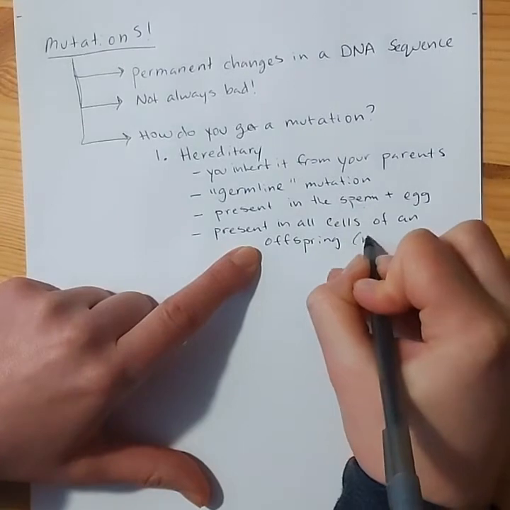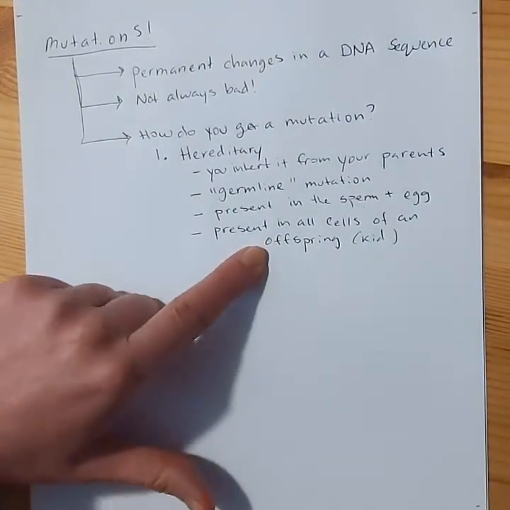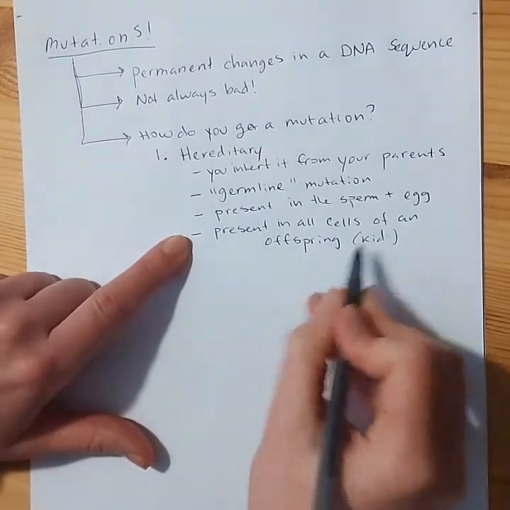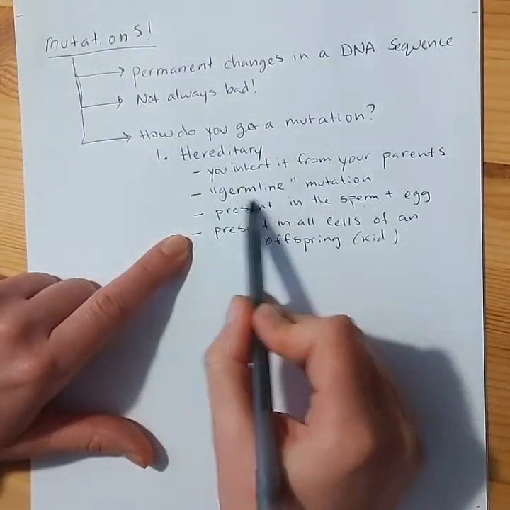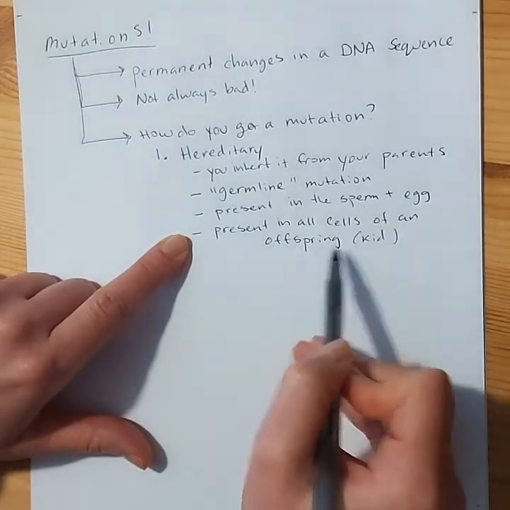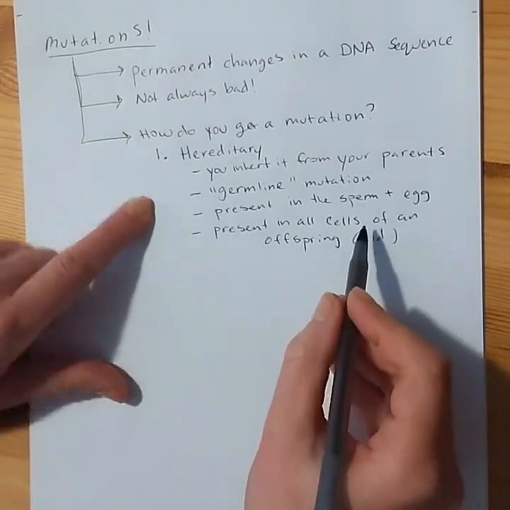Offspring being your kid or your baby, not just a great 90s band, highly recommended. So that's what makes this germline mutation so interesting: if you have it in your sperm and your egg, and you have a kid, your kid's going to have it in all of their cells.